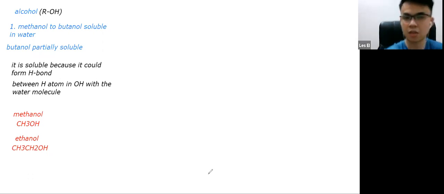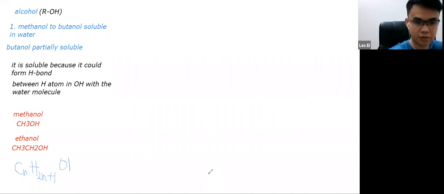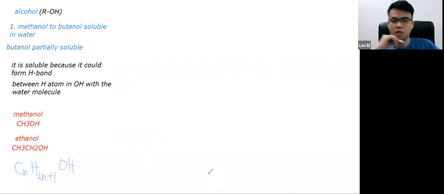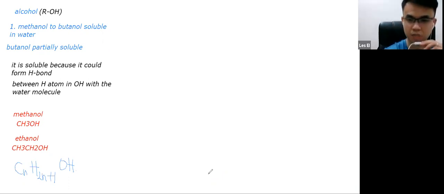The general formula is CnH2n+1OH. So you can count all of the H or the C and they will follow this pattern. What I mean by hydrogen bond is beyond IGCSE.